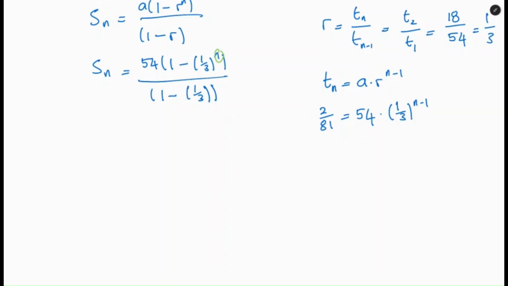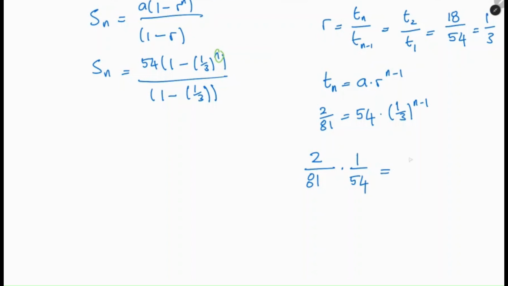Okay, so how would I do this? First thing, I'm going to divide both sides by 54. So I'm going to get 2 over 81 multiplied by 1 over 54.